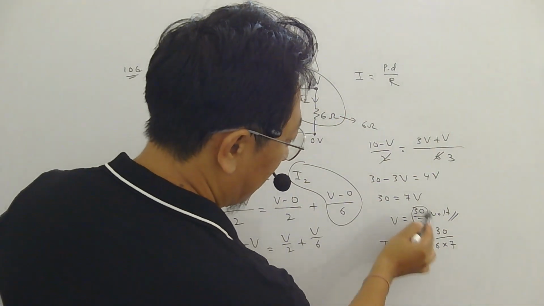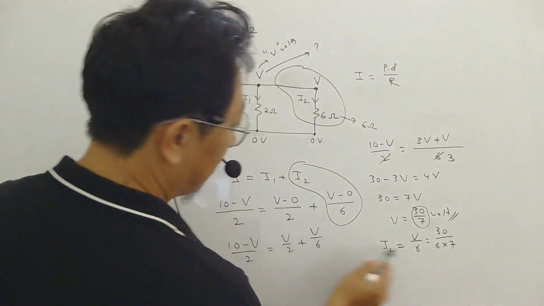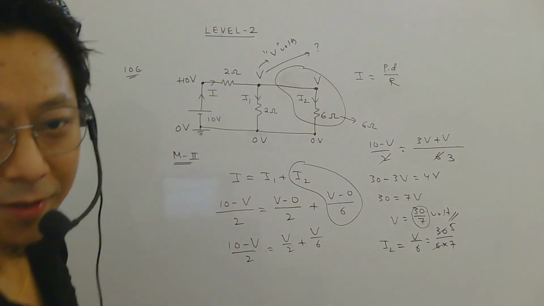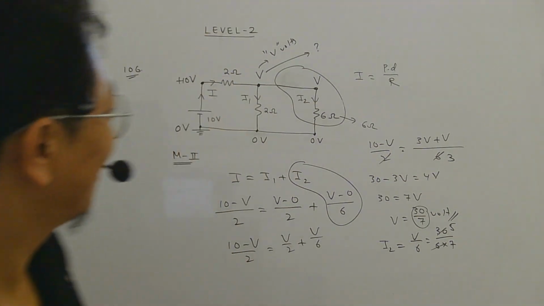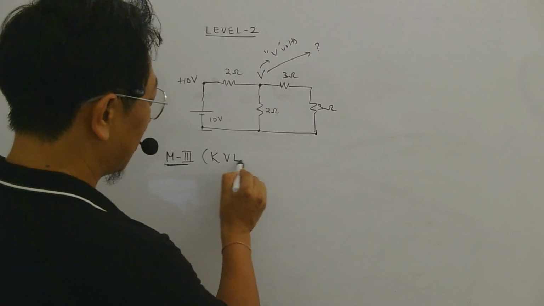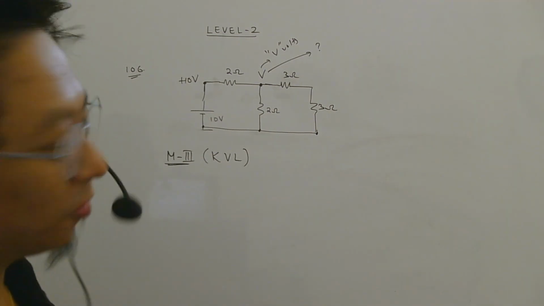So this is V, right? 30 by 7. Then I have to divide by the resistance, which is 6. 6 5s are 30. Same answer we got, right? Another method that you can use is Kirchhoff's voltage law, okay? And Kirchhoff's current law, obviously.